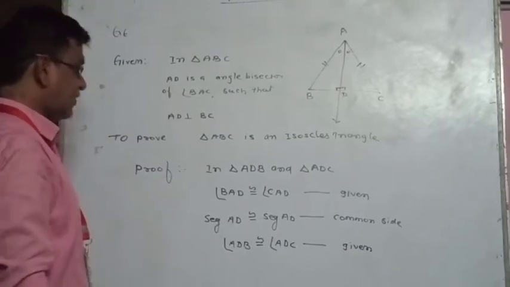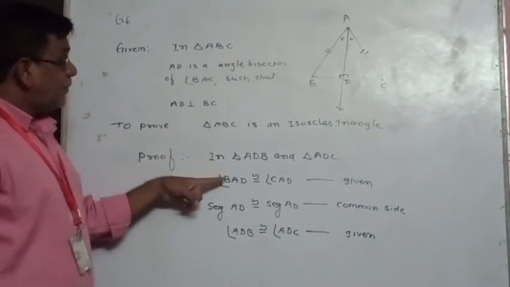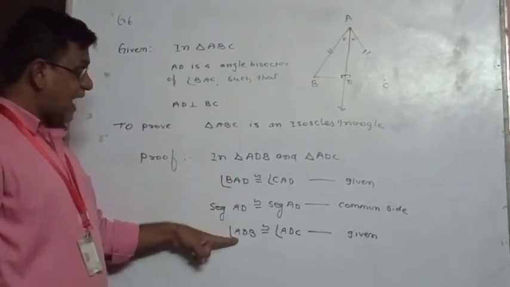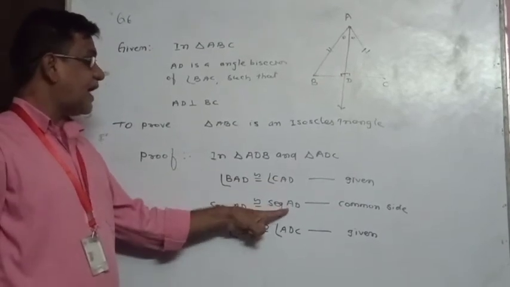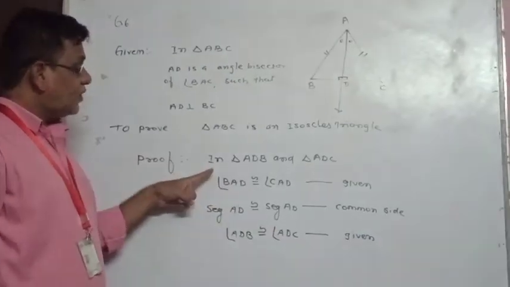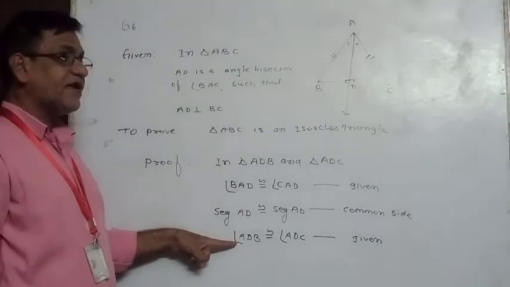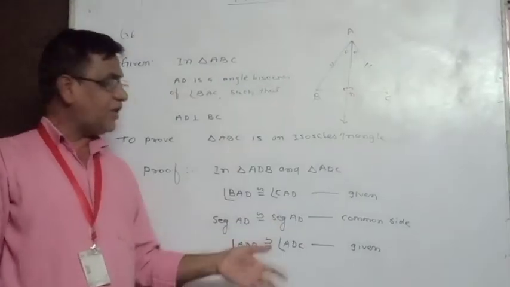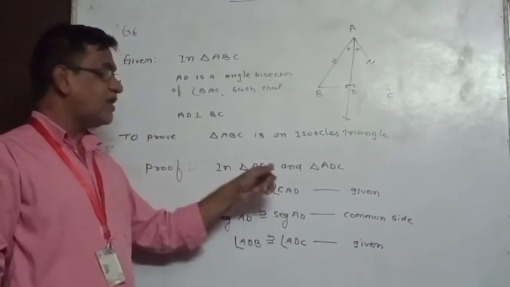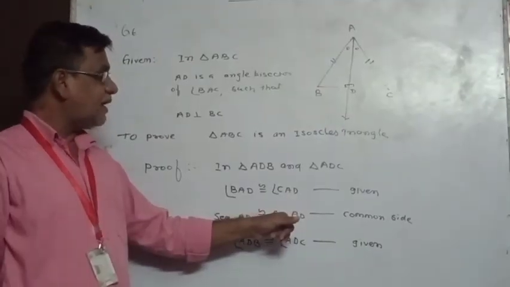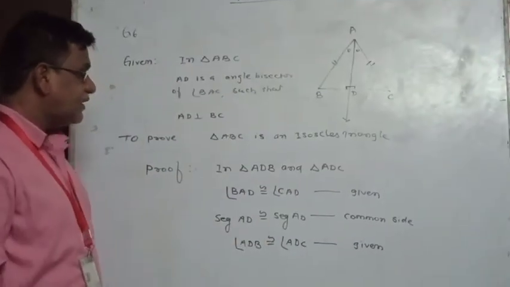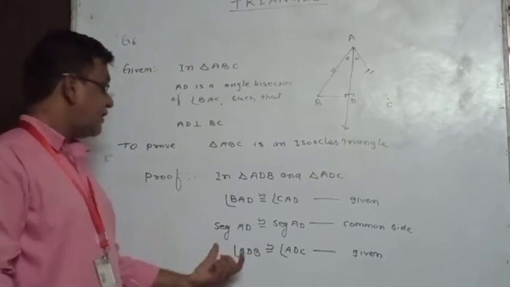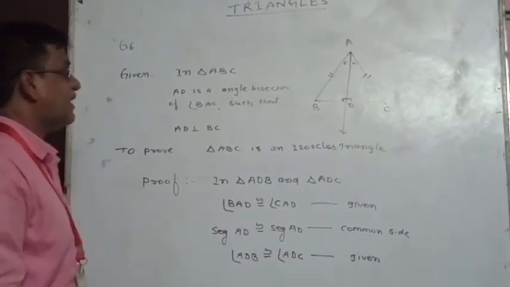Okay. So see here now. Angle, side, angle. The two angles and the side in between those two angles are congruent to two angles and the side in between them in the corresponding other triangle. Then we can say that these two triangles are congruent.